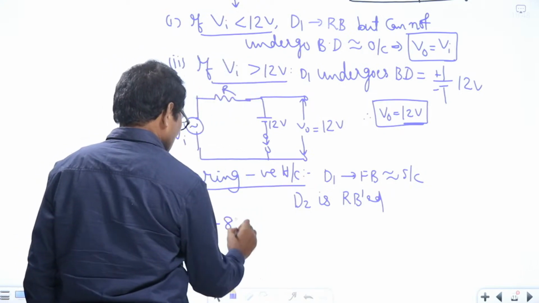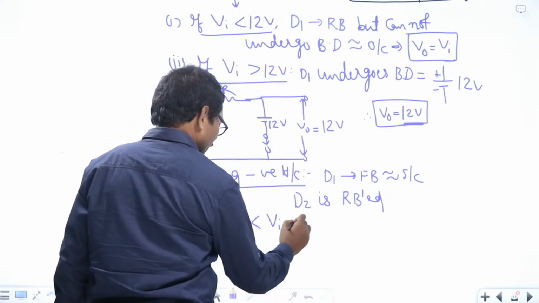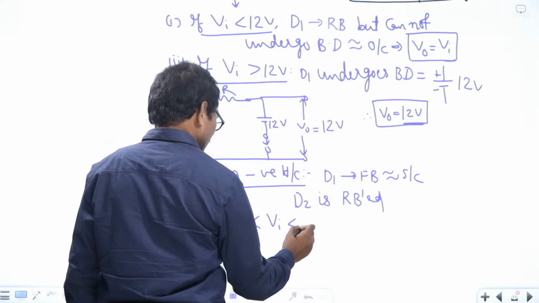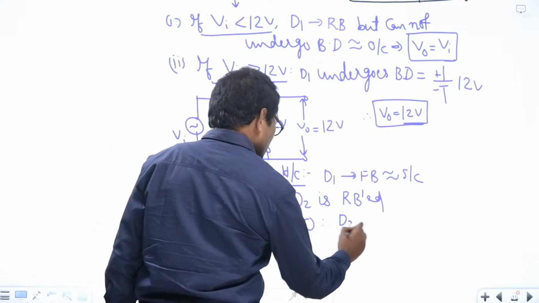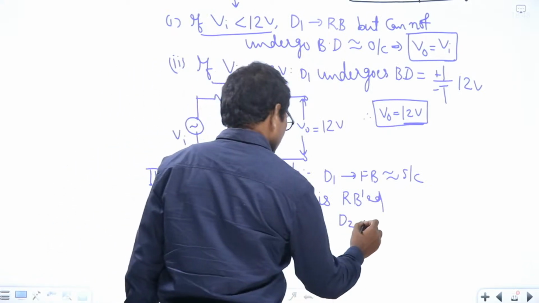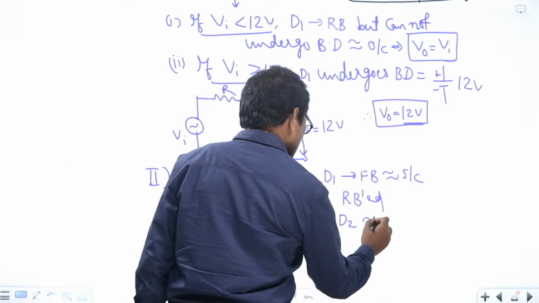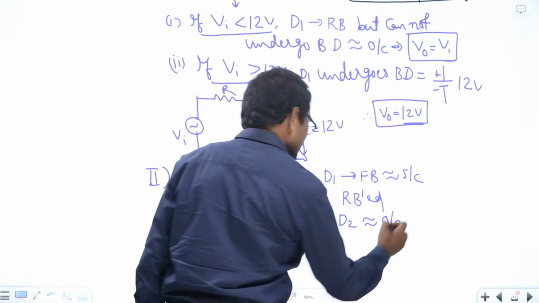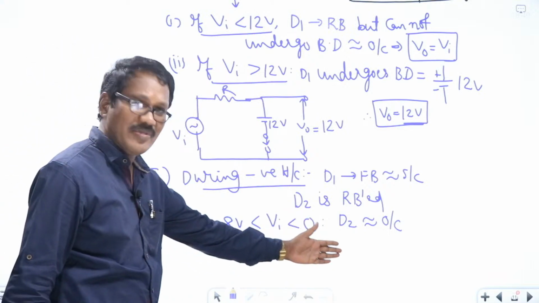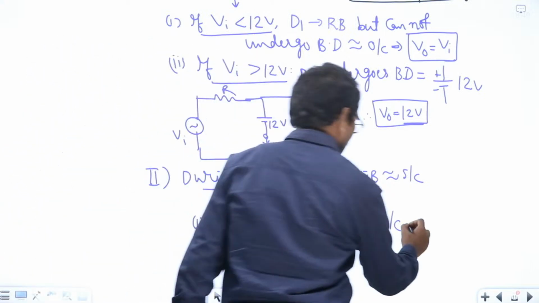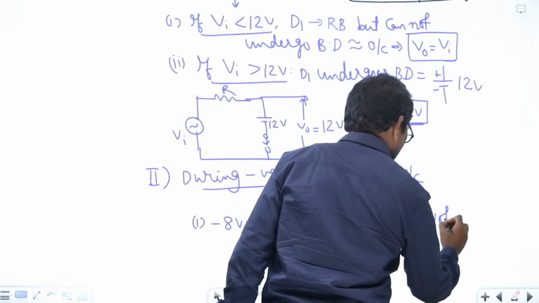The first one is when -8 volts is less than VI, which is less than 0. Then D2 acts as an open circuit. That means it is reverse biased but not in breakdown.